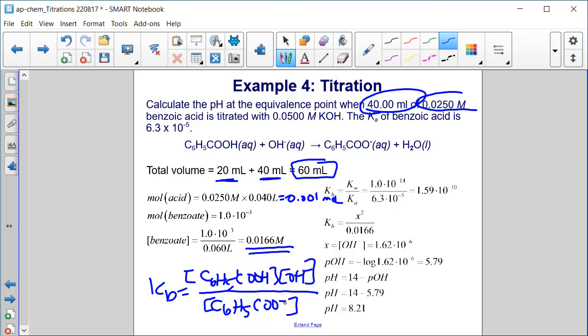So after the hydrolysis occurs and the new equilibrium is established, these are unknown concentrations X, which is where I get X squared. And then the benzoate ion concentration is what we calculated here, 0.0166, minus X. Solving for X, which is the hydroxide ion concentration, I find the pOH, 5.79, to then find the pH at the equivalence point, 8.21.